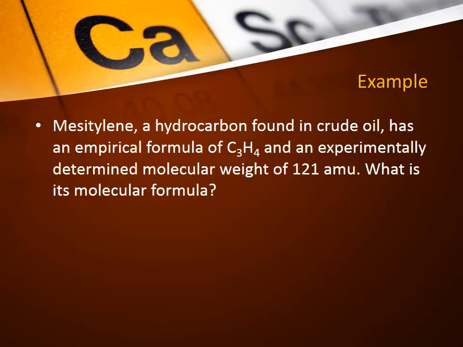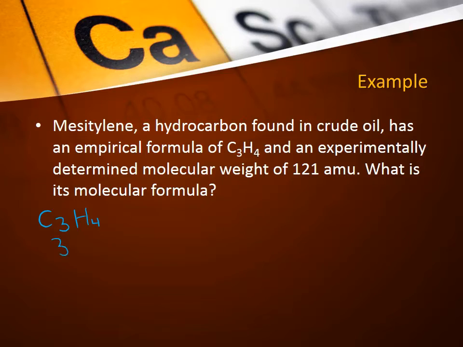So, as an example, mesitylene, which is a hydrocarbon found in crude oil, has an empirical formula of C3H4 and an experimentally determined molecular weight of 121 AMU. What is its molecular formula? Well, first thing we need is actually our empirical formula molar mass. Fortunately, we have our empirical formula, which is C3H4.